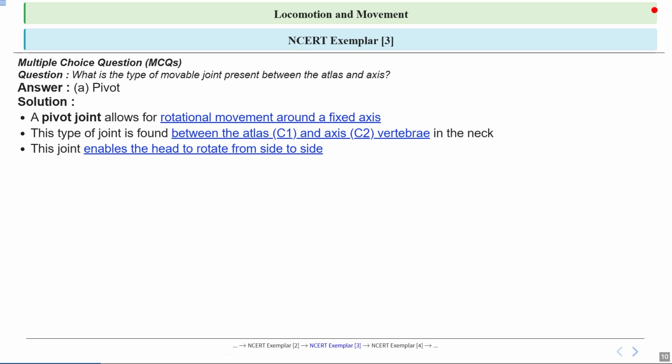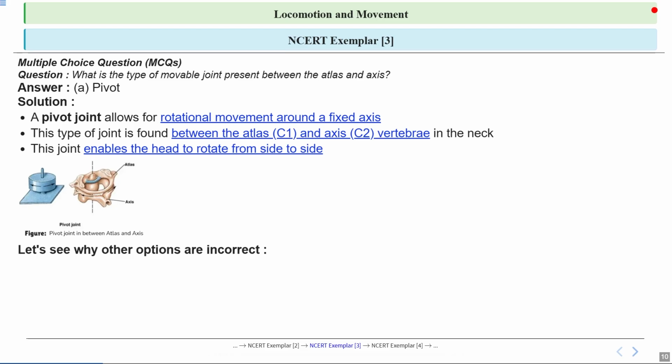This joint enables us to rotate the head from side to side. Now you can see the picture, which shows how it leads to rotational movement. So the pivot joint is the joint responsible for the joint between atlas and axis.